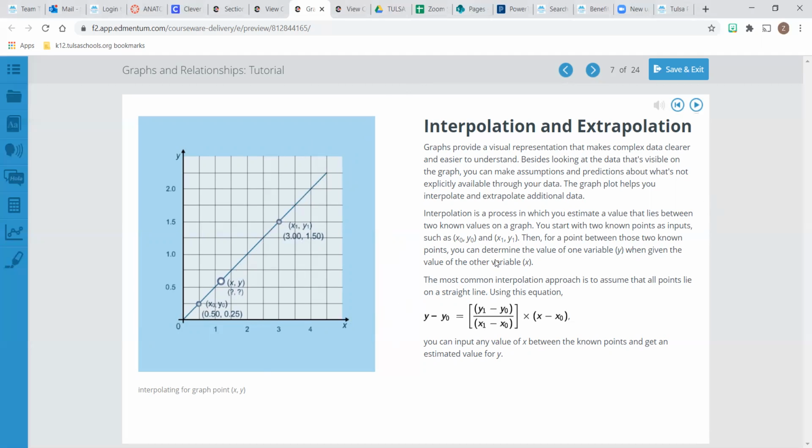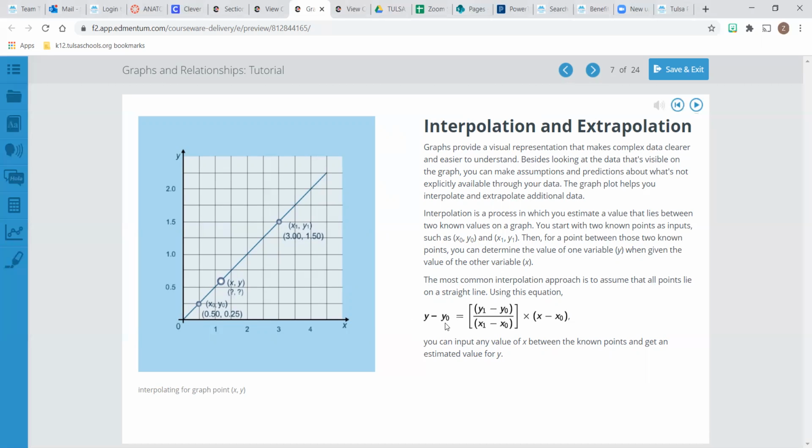And this is an equation you'll get used to: y minus y naught. We refer to that little zero as naught, at least most scientists do. So if you want to sound like you know what you're doing, say y naught.